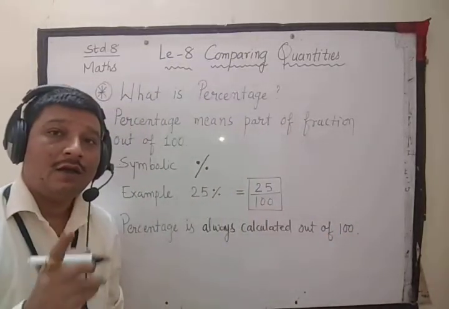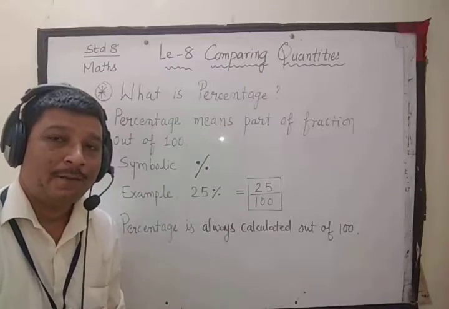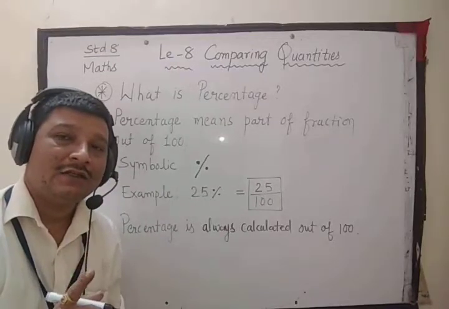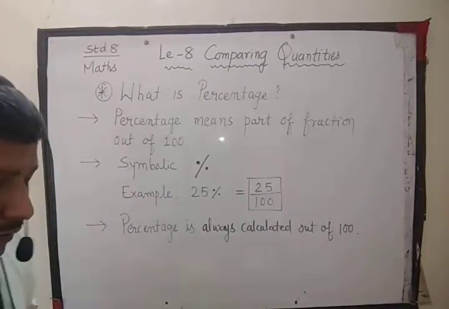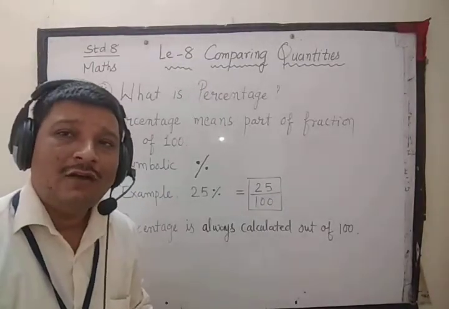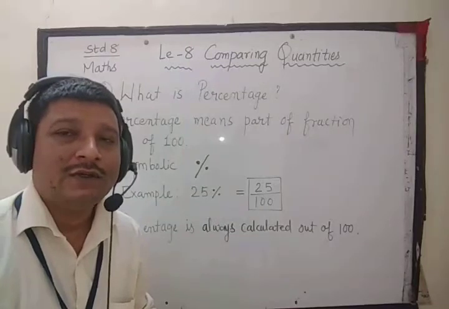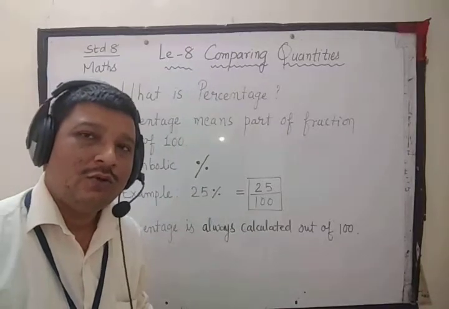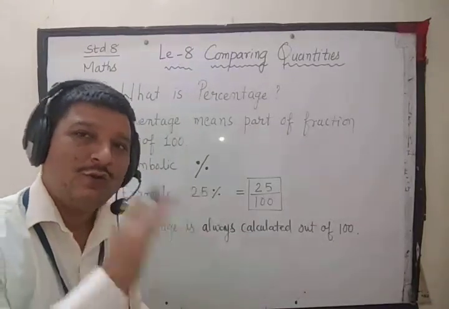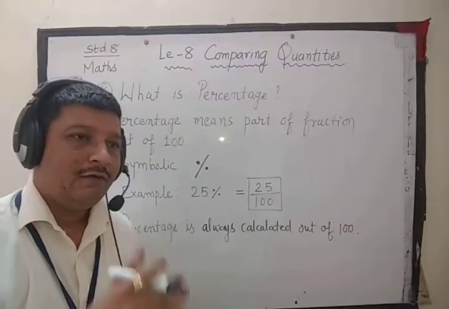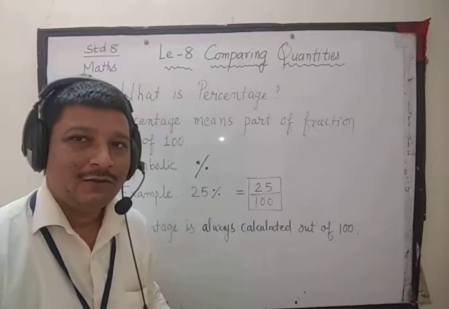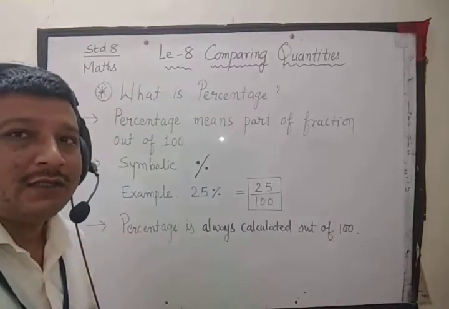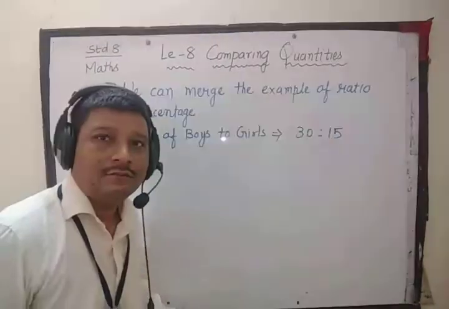Any number in fraction form with denominator 100 is considered as a percentage. We will learn many more things, how to convert ratio into percentage, or ratio to fraction form, converting percentage to ratio. Clear? So just please pen down this much and we will proceed further.